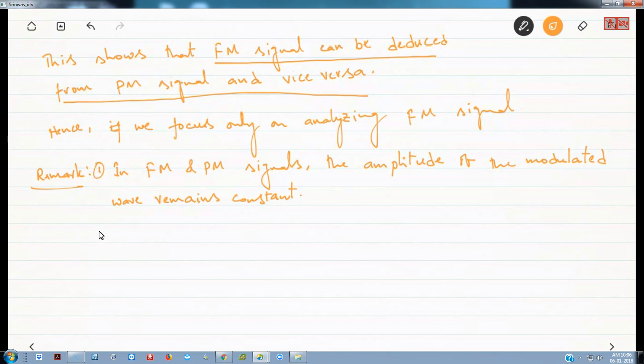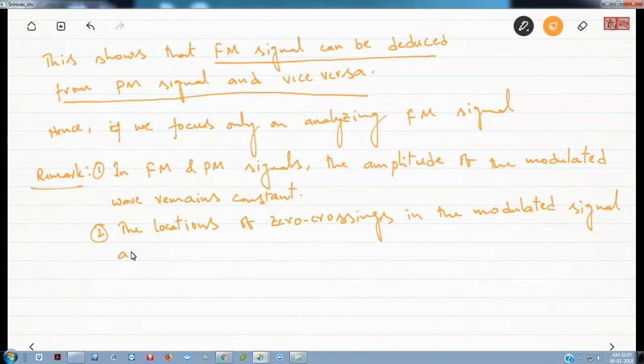One point, and the second point is the locations of zero crossings are not at regular intervals.